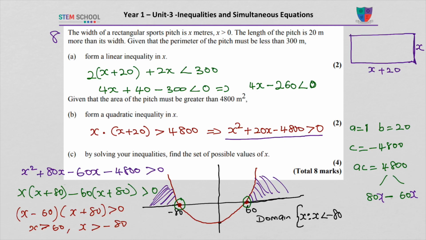You then have union. Union means or plus. Open curly bracket for the second part, x colon, because we're talking about x-axis, x is greater than 60, close curly bracket, and that's the set of values for x.